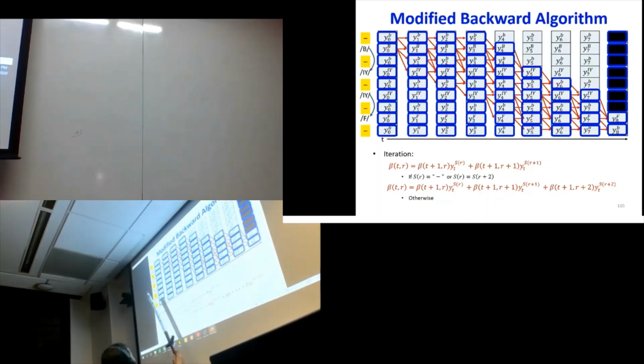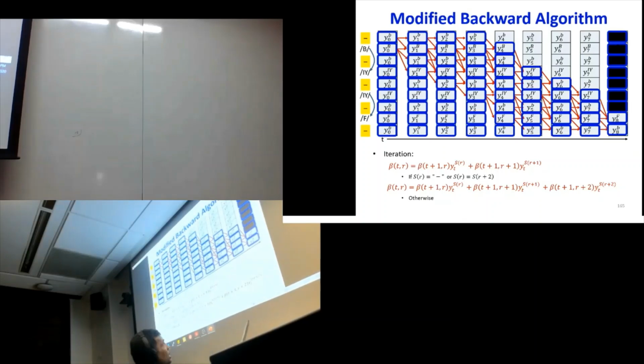Similarly, if you happen to be in a row like this E, where the next symbol is also an E, then there are only two possible successors, the same row and the next row, because you're not allowed to skip down. And so once again, the beta is going to be computed from the beta in the same row at the next instant and the beta in the next row. So beta t, r is going to be beta t plus 1, r times this probability plus beta t plus 1, r plus 1 times this probability.